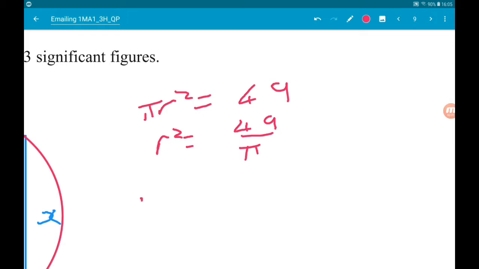So r is the square root of 49 over pi, and that gives us 3.95 centimeters.